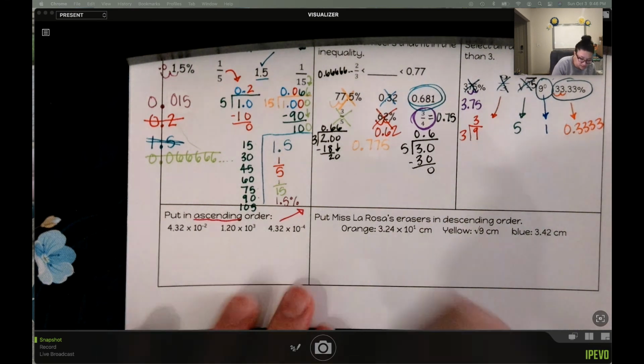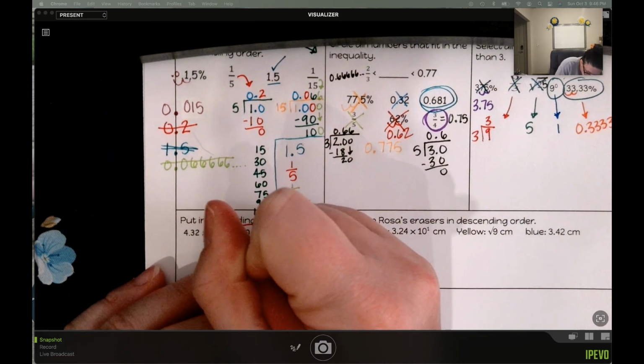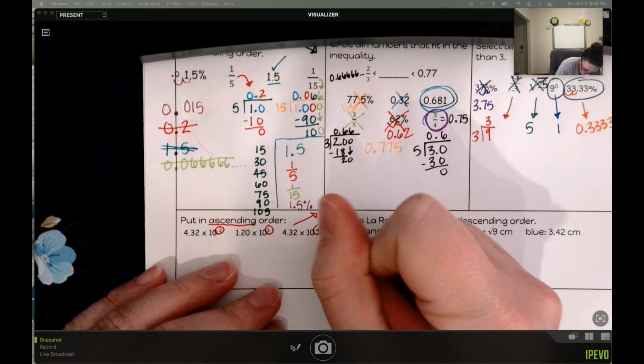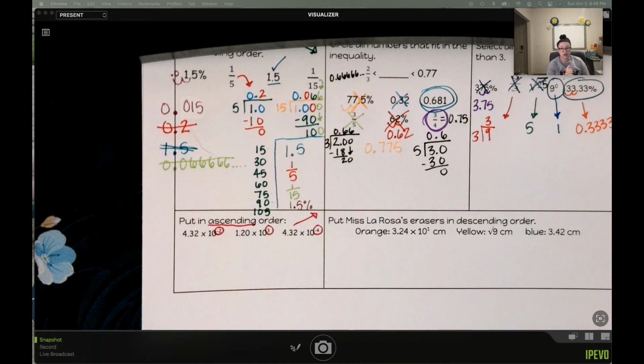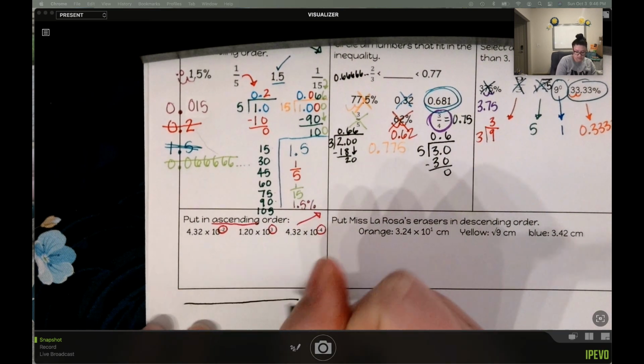When we were reviewing for our test, we said first look at the exponents, because the exponent tells us if it's a big number or a small number. Here, my exponents are -2, 3, and -4. So what number is the smallest here?